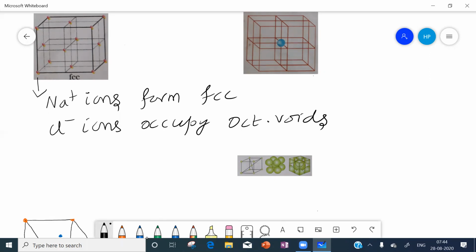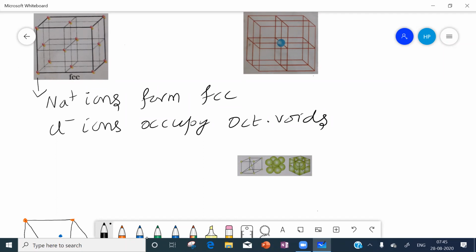What do you say? Is it correct or not? Previously we said Cl- ions form FCC and Na+ ions occupy octahedral voids. That is one possibility. Now we came to the second possibility, where we say the reverse: Na+ ions form FCC, Cl- ions occupy octahedral voids.